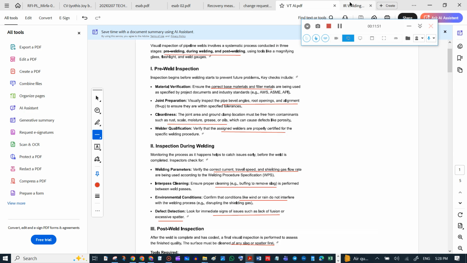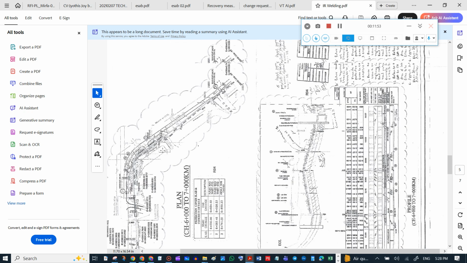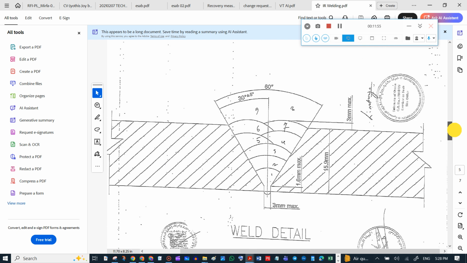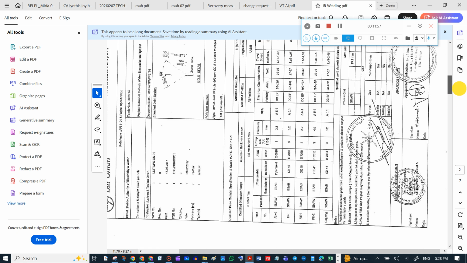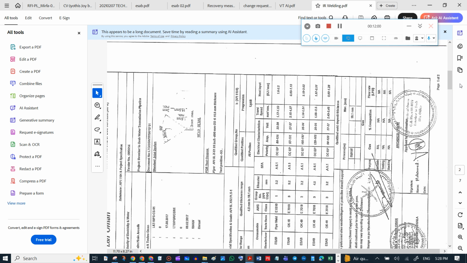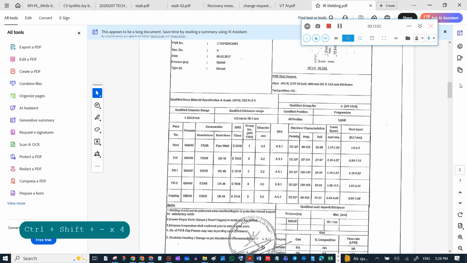Again, we will see the travel speed here. This is the travel speed, mm per second. 1.17 to 1.58 is for the root pass.